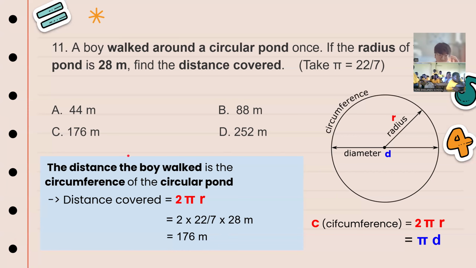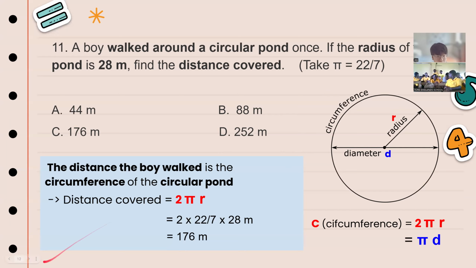So always remember that when we're talking about going around a circular pond, then we are referring to the circumference. And what is the formula for the circumference? It is 2 pi r. And then you can plug in the values.